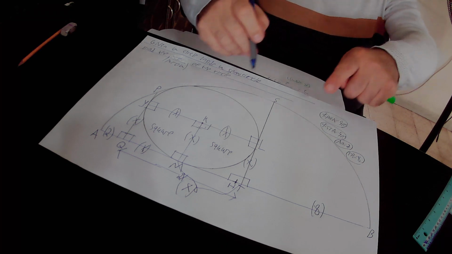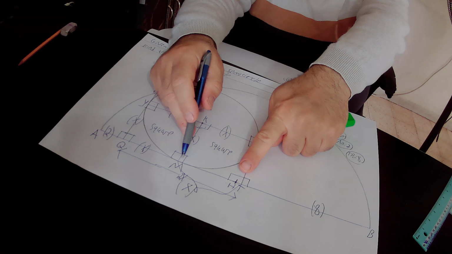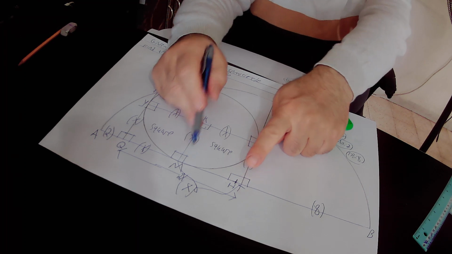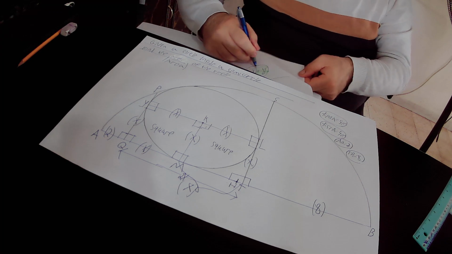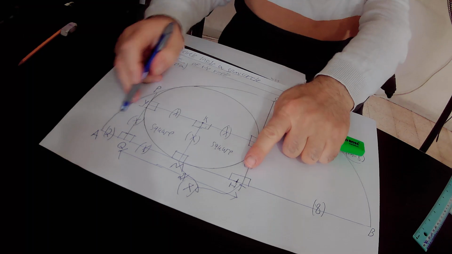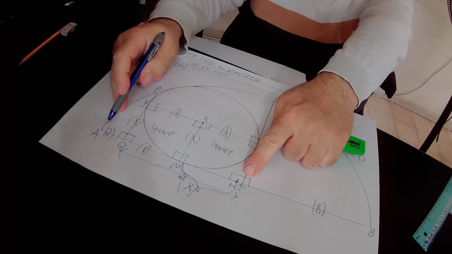What is the length of this missing side, edge M? The length of the missing side, edge M, must be equal to AE, that is the radius of the semicircle, that is x plus 5.